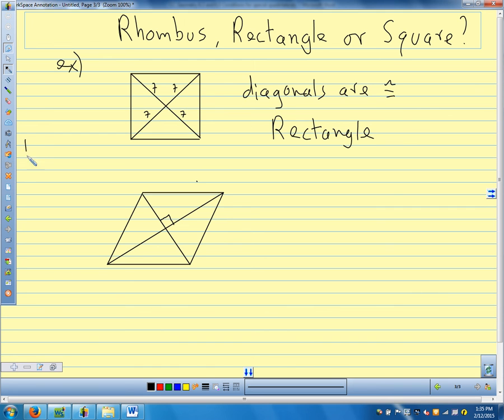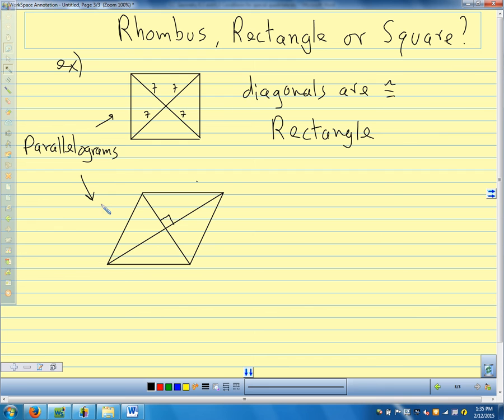We're starting out with parallelograms. So these are parallelograms. So we want to figure out how we can be more precise. So what about this one?